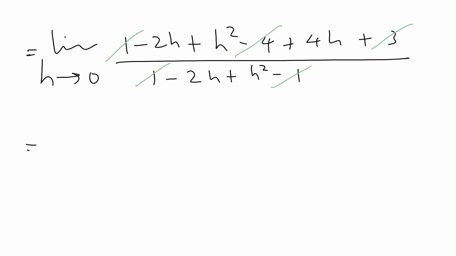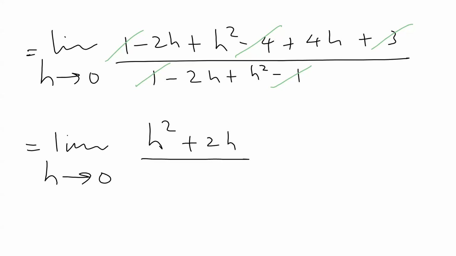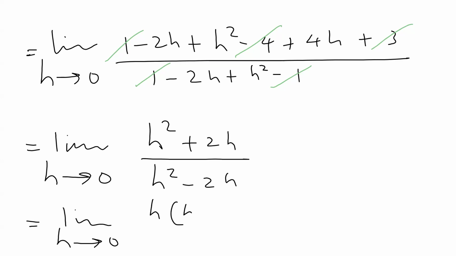So now, limit h approaching 0. In the numerator it will be h square plus 2h, and down it is going to be h square minus 2h. Take h common: h plus 2 upon h minus 2.